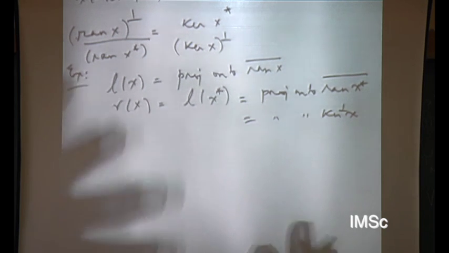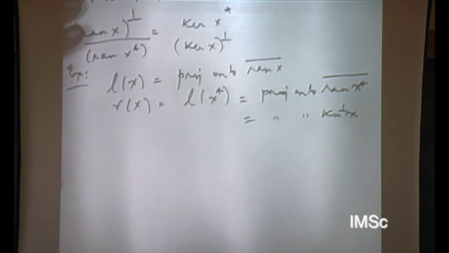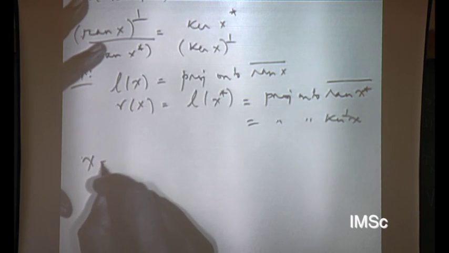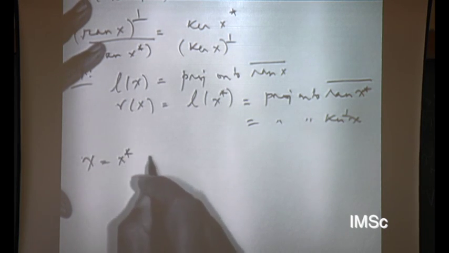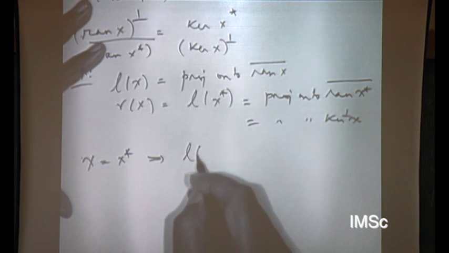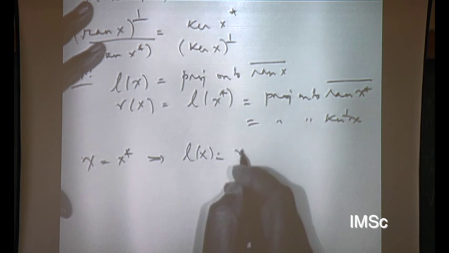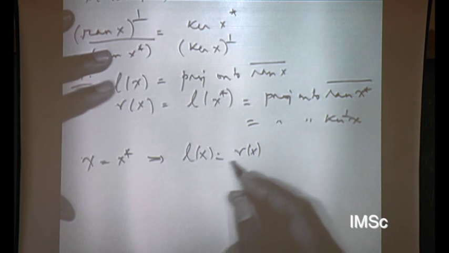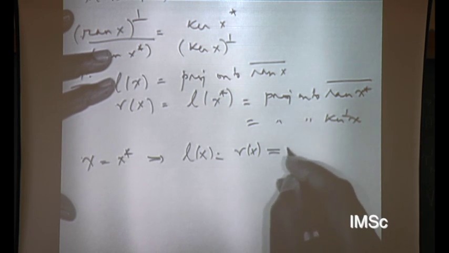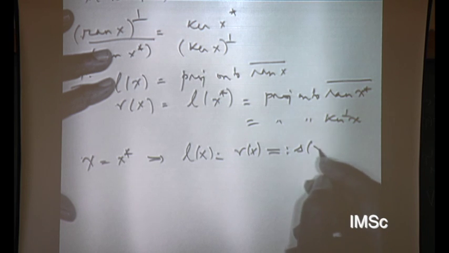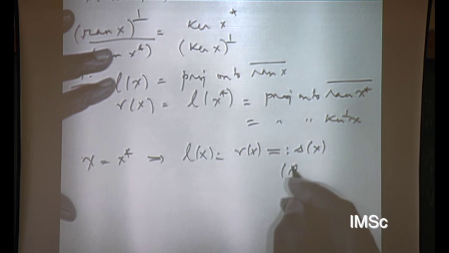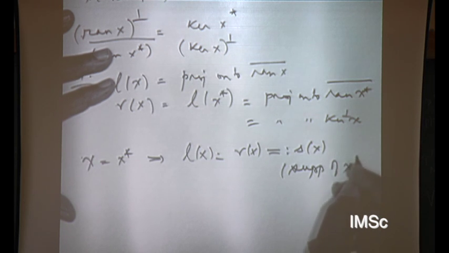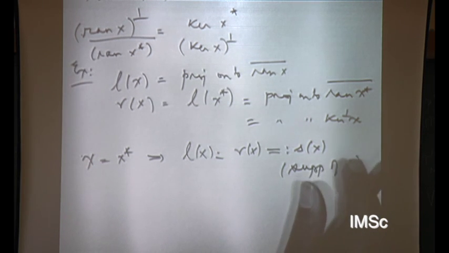Right? So you get comfortable with these notions, and notice that if X is self-adjoint, we will define this as just S of X and call it the support of X. There is no left or right when it's self-adjoint.